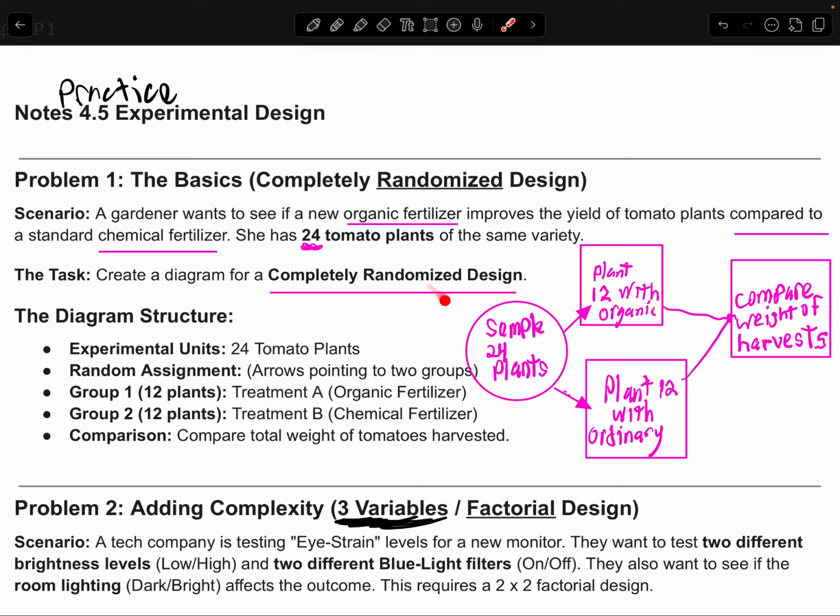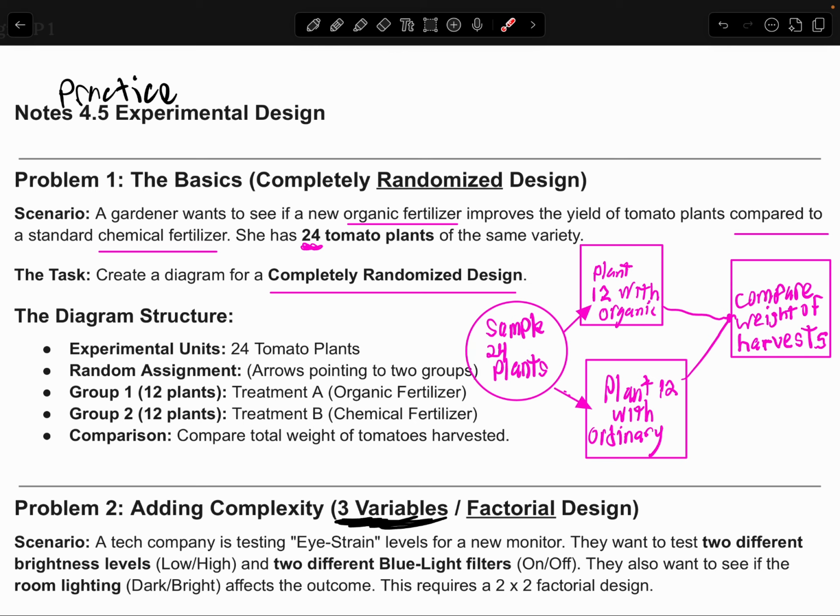So we've got here a problem with a gardener who wants to see if a new organic fertilizer improves how much weight or volume of tomato plants will come out if he compares it to the normal chemical fertilizer. There are 24 tomato plants to start out with. That's our sample, 24 plants.